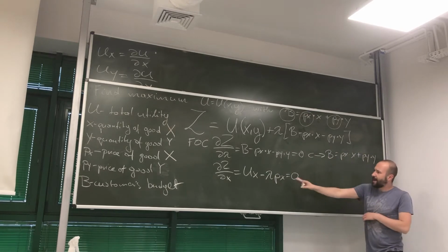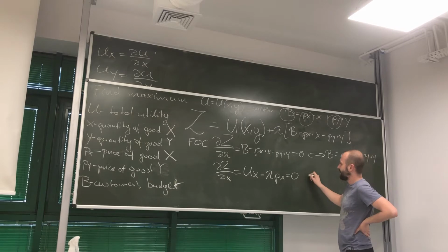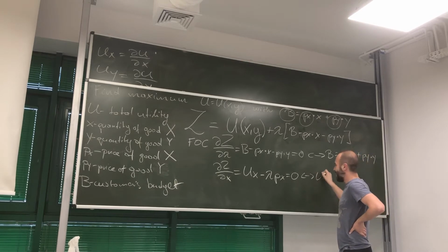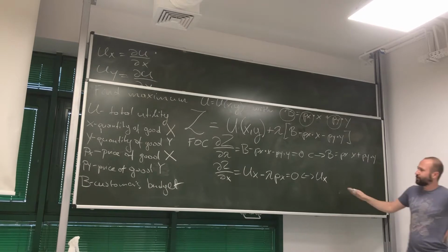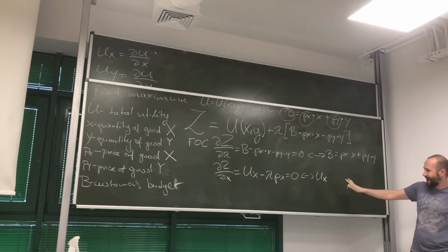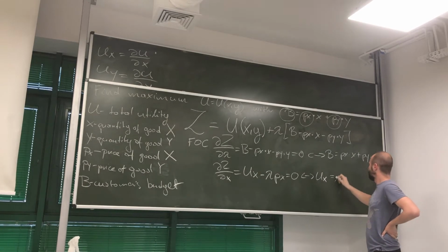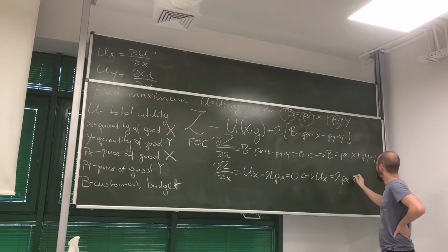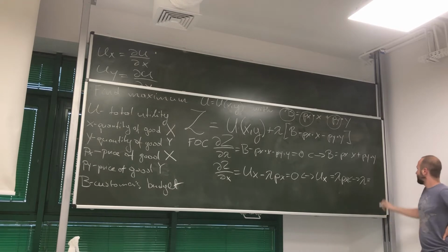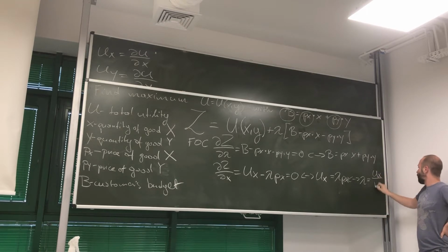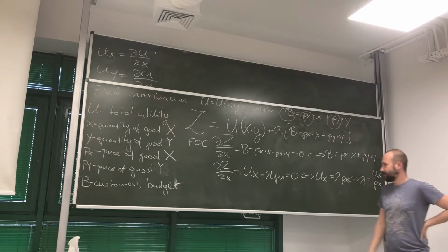And look, out of this we get that ux, so marginal utility with respect to x, is equal to lambda px, or that lambda is equal to ux over px, right?